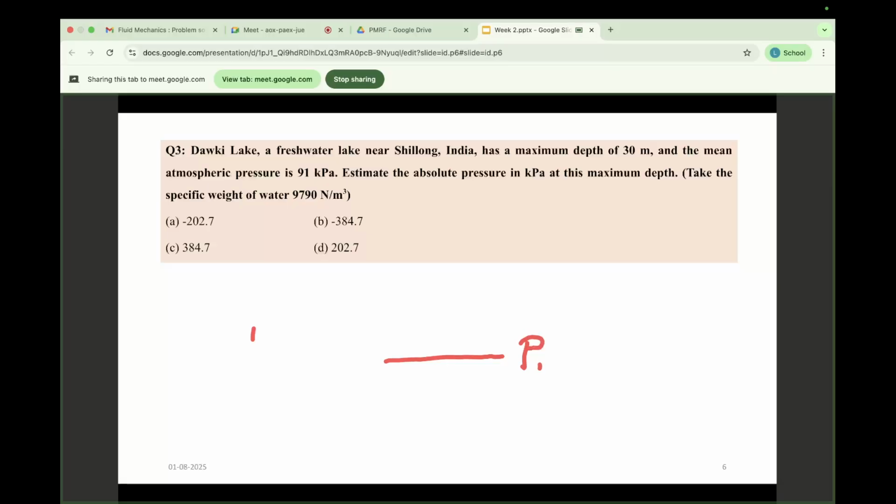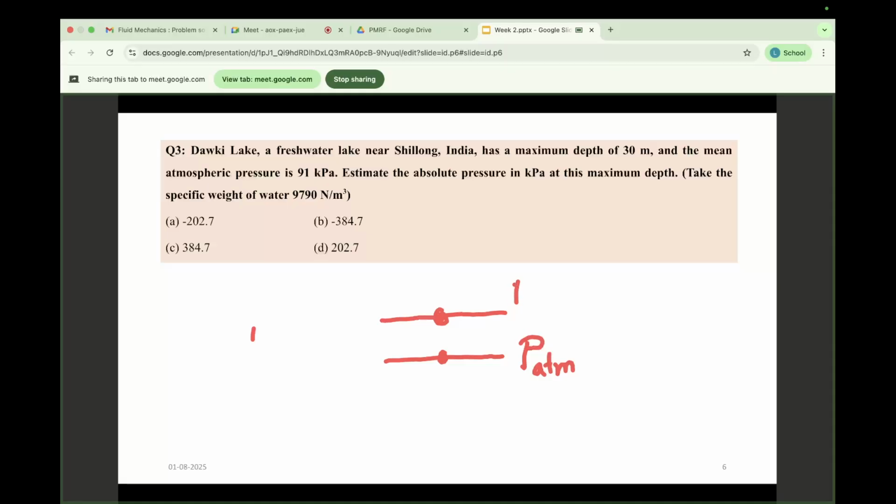Whatever that pressure is, I represent it as PATM. You are from which state? Jharkhand. Say in Jharkhand, whatever the pressure is, in Odisha the pressure is different.